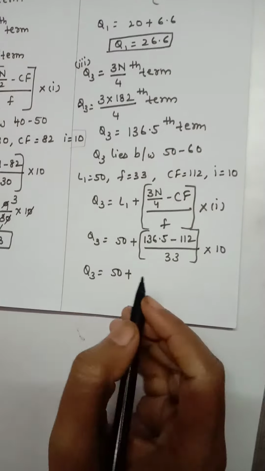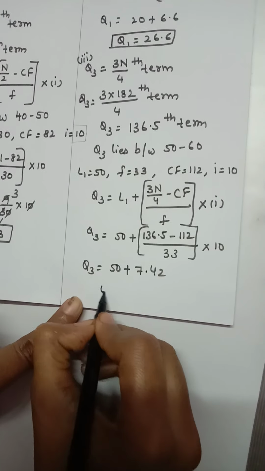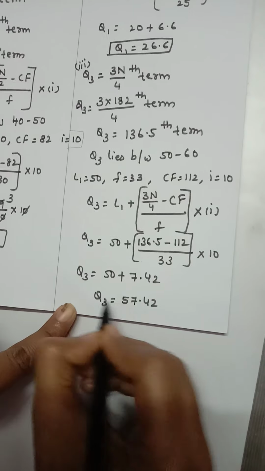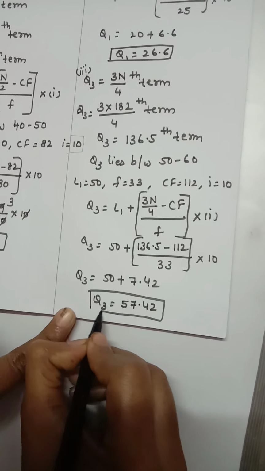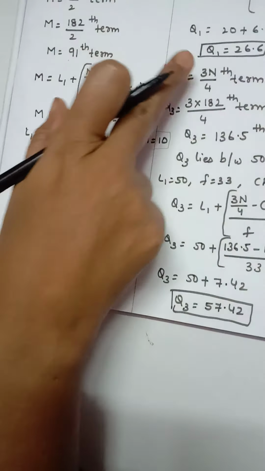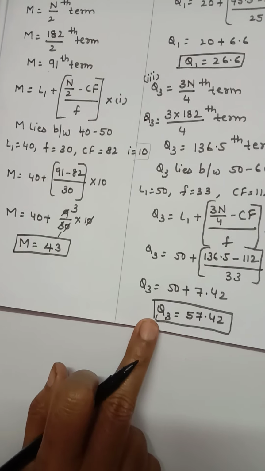If I do it, I get 7.42, and the Q3 answer is 57.42. So we got median 43, Q1 26.6 and Q3 57.42.